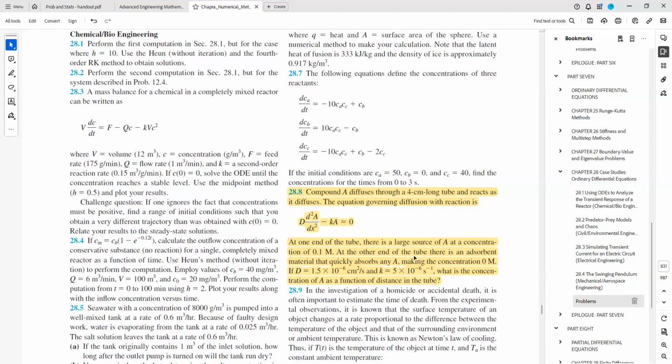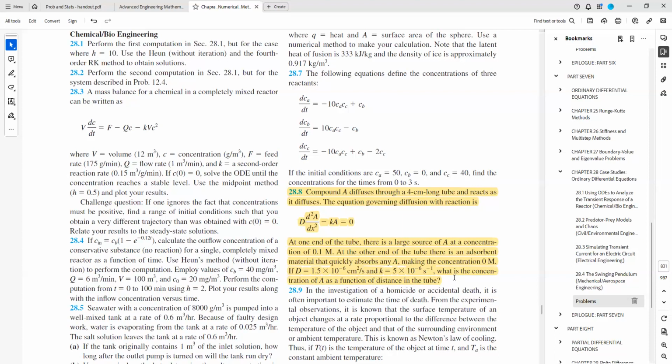At the other end, there is an adsorbent material that quickly absorbs any A, making the concentration 0 moles. If D and K are given to you with units, what is the concentration of A as a function of distance in the tube?